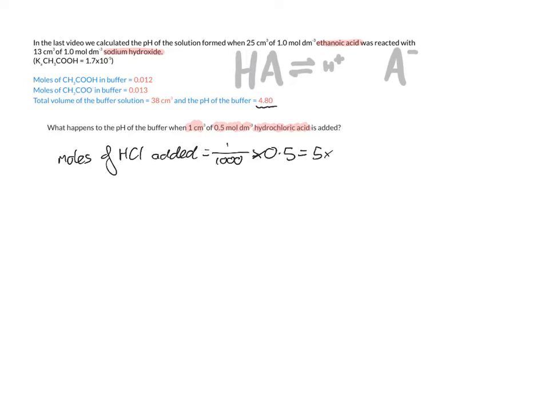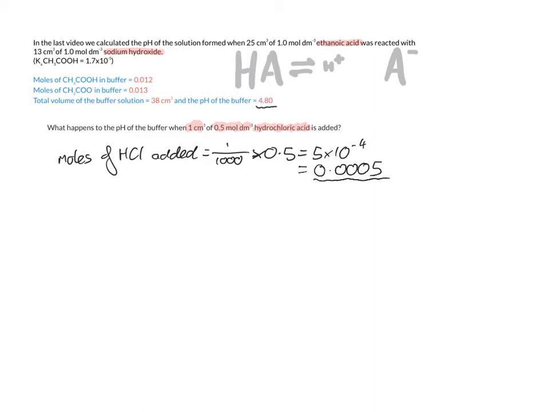That's 5 times 10 to the minus 4, which in this case I'm also going to write out as 0.0005. Now, I know we normally leave things in standard form, but it should become abundantly clear in a moment why I'm doing so.